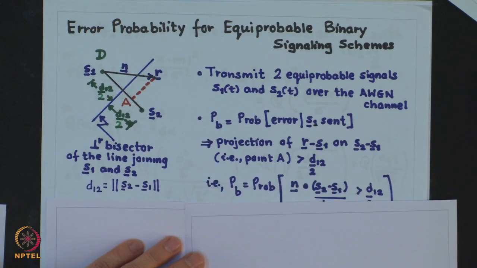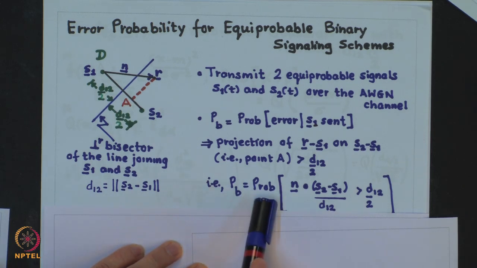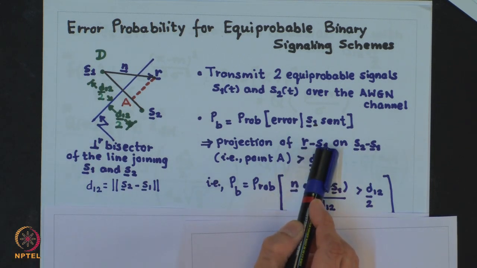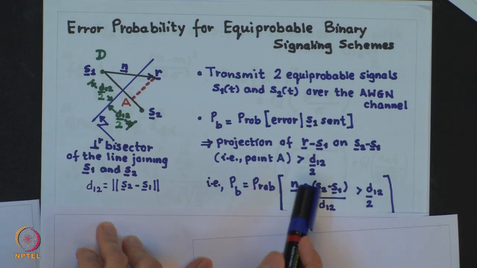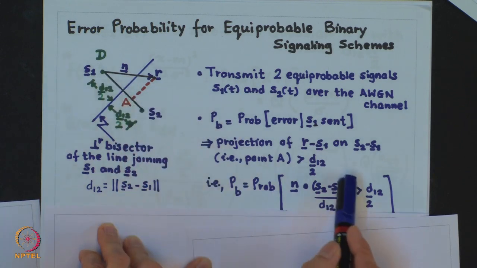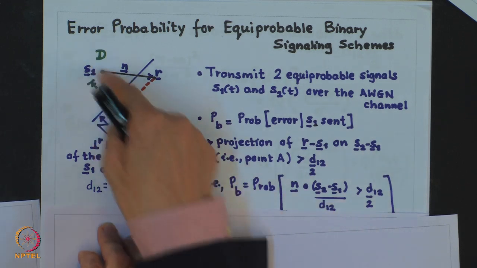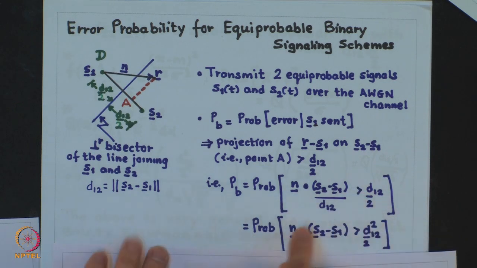So, the probability of error now is nothing but the probability that R minus S1 projected appropriately satisfies this condition. Now remember, R minus S1 is nothing but your noise vector n. So the noise vector n projected onto the unit vector in the direction of S2 minus S1, normalized by D12, should satisfy this condition for the error to occur.